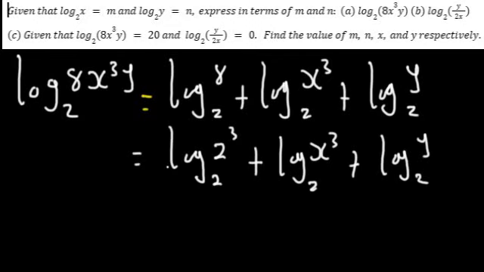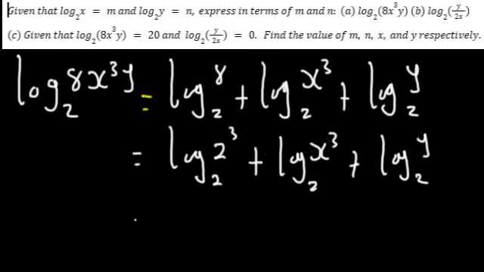Now at this point, to make it straightforward, we can apply the power rule of logarithms to any of the logarithm values we observe that the rule can be applied to. It turns out that we can apply the rule to this and this, because they all have an index, and the power rule says that the index can come to the front of the logarithm.